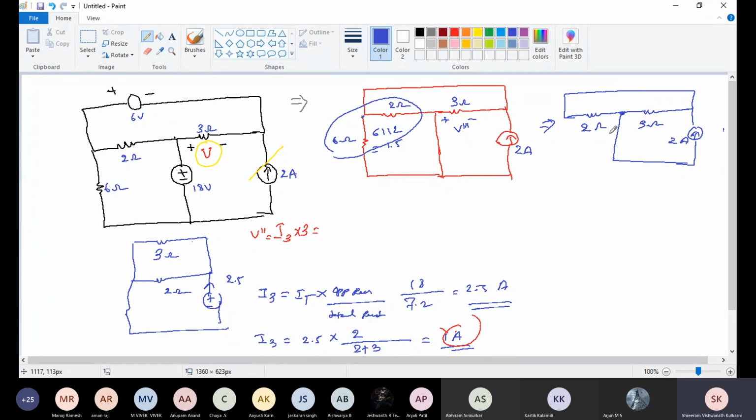Now we need to calculate the voltage across this, plus or minus V. This 1.5 ohm is nothing but 6 in parallel with 2, and then the 3 ohm.